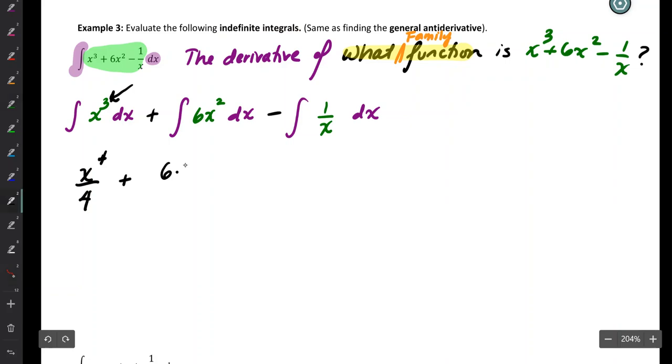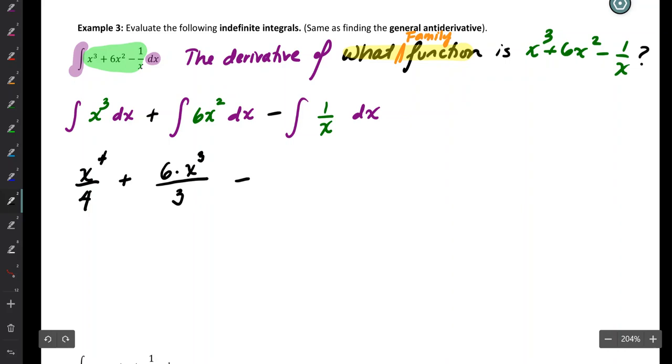So we have 6 times. Now the derivative of what function is x squared? We're going to do power rule in reverse. You're going to add 1 to this exponent, x to the 2 plus 1, which is 3, and divide by that new exponent.